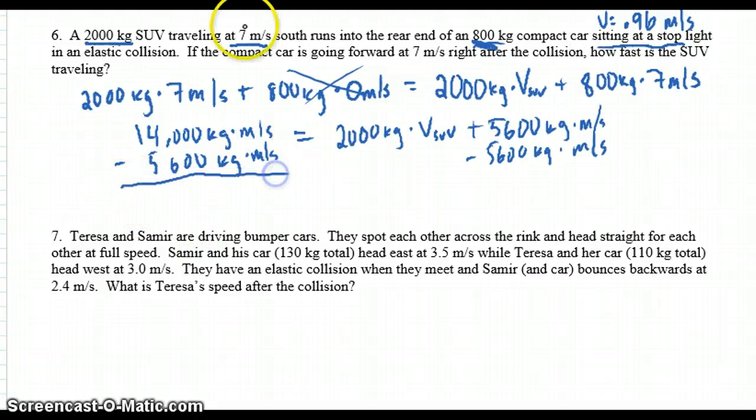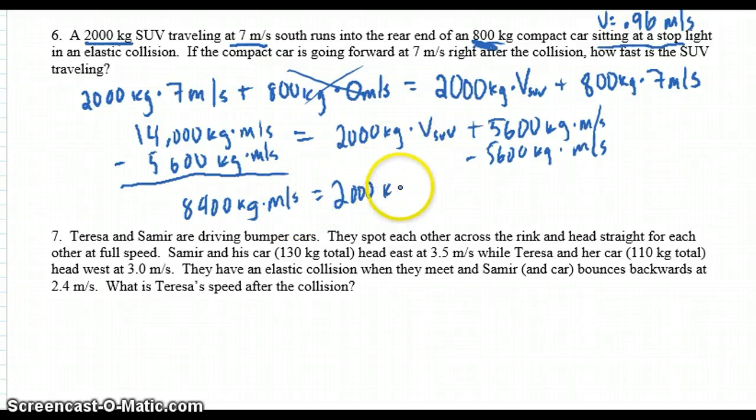And this gets us that there's 8,400 kilograms times meters per second is equal to 2,000 kilograms times velocity of the SUV. Divide by 2,000 kilograms on both sides.